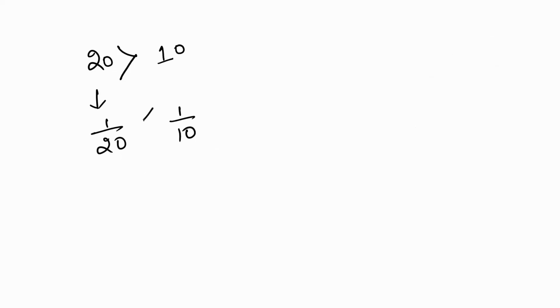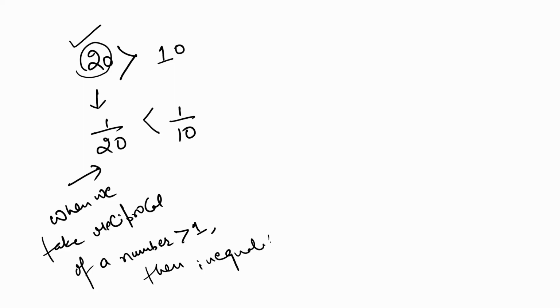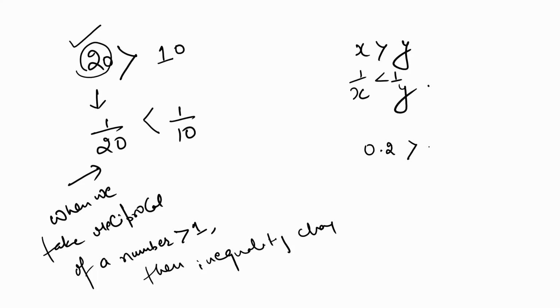So when we take the reciprocal of a number greater than 1, since 20 is greater than 1, the inequality changes. Agreed? So this is the concept: x greater than y gives 1 by x less than 1 by y. Now see, let's say you have been given 0.2, which is greater than 0.1.